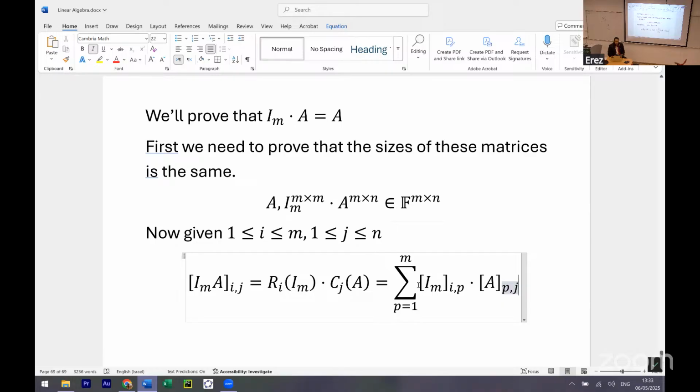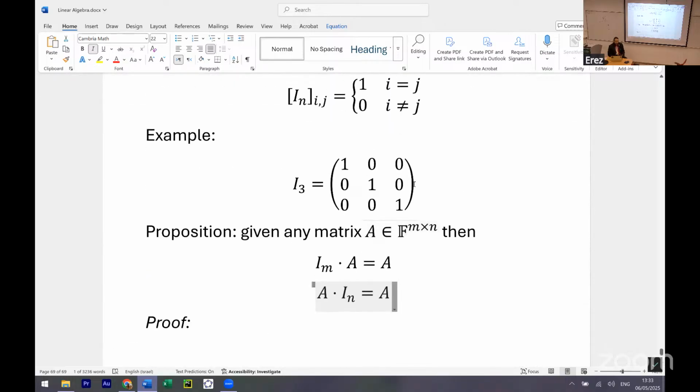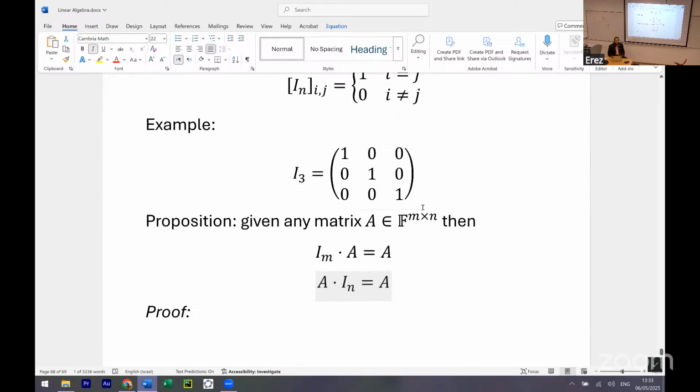But here it's very nice. Why? What elements are in the row of the unit matrix? For example, this. Take any row. What are most elements of the row? 0. Where is the only element in each row which is not 0?